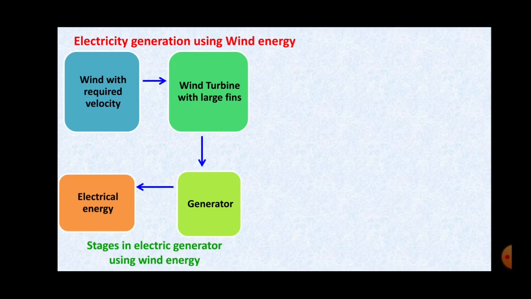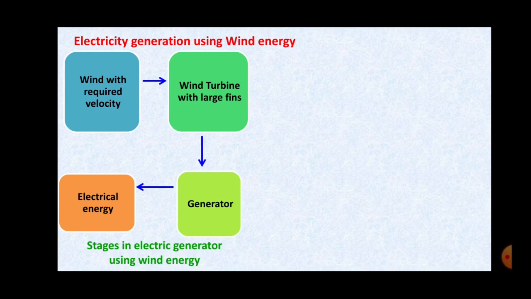Now, this wind energy is also used for electricity generation. The machine which converts the kinetic energy of wind into electrical energy is called the wind turbine. It is like a turbine, it has blades, and it is called a wind turbine.